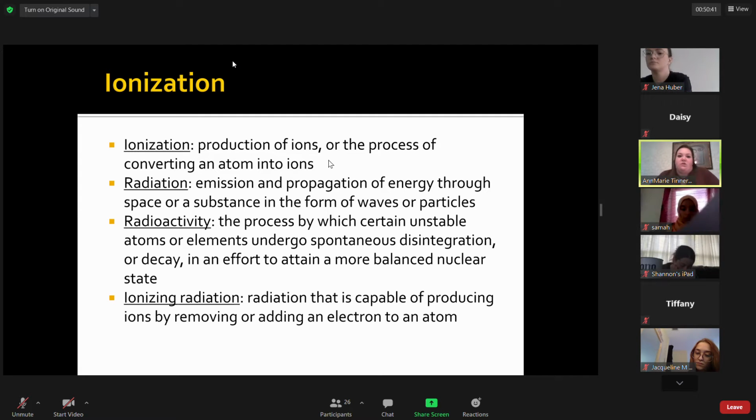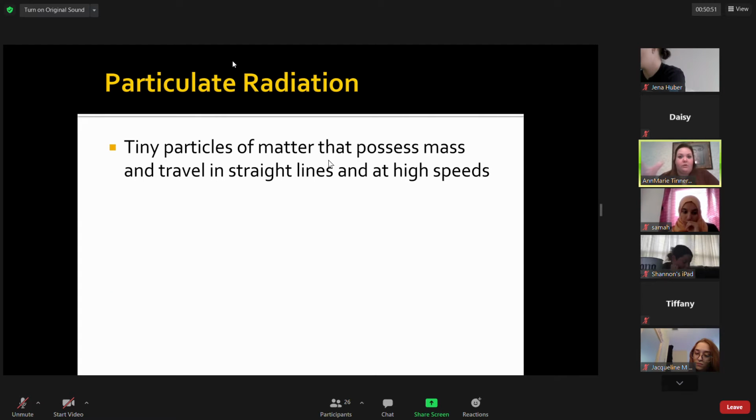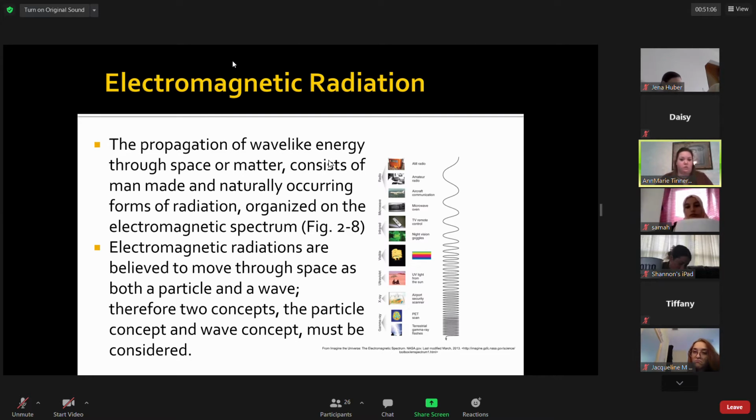Ionizing radiation is radiation that is capable of producing ions by removing or adding an electron to the atom. Particulate radiation is tiny particles of matter that possess mass and travel in straight lines at high speeds. So all of these different terms, you guys should just make note cards and understand your terms, okay?